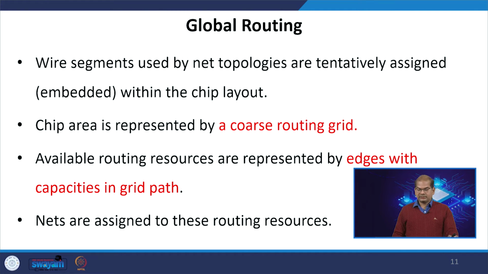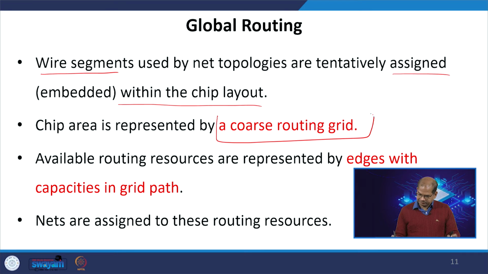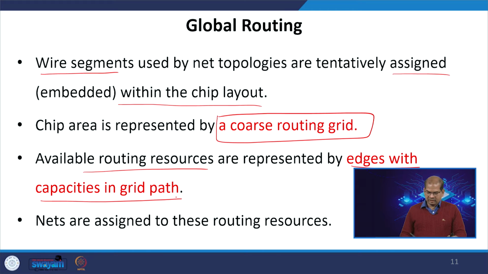In case of global routing, the wire segments are tentatively assigned within the chip layout. The chip area is represented by a coarse routing grid, and these wire segments are tentatively assigned to each of the nets, and available routing resources are represented by edges with capacity in the grid graph.